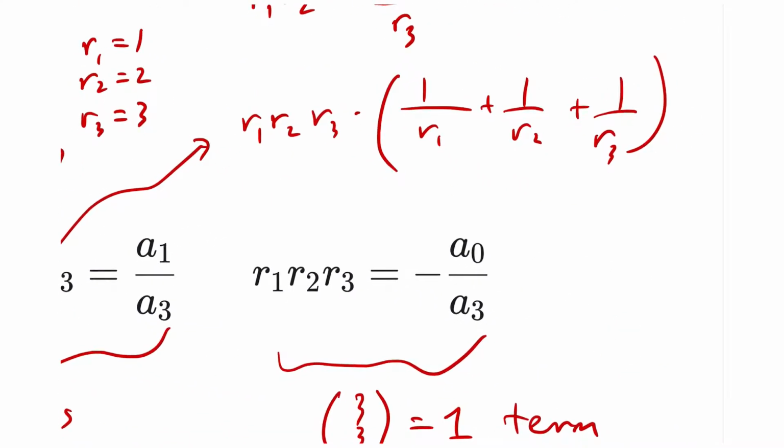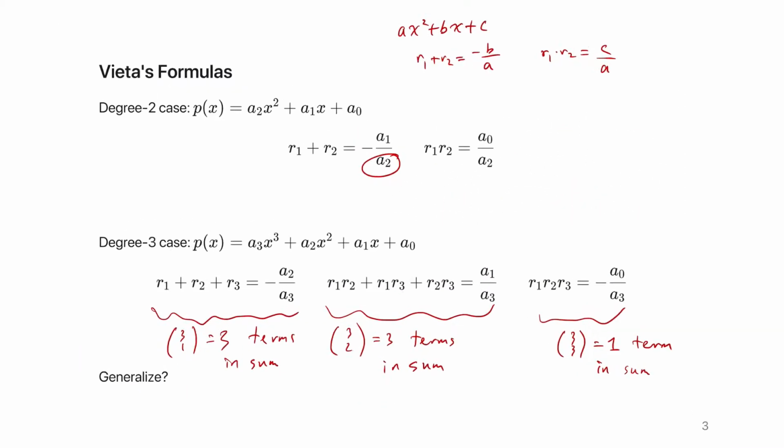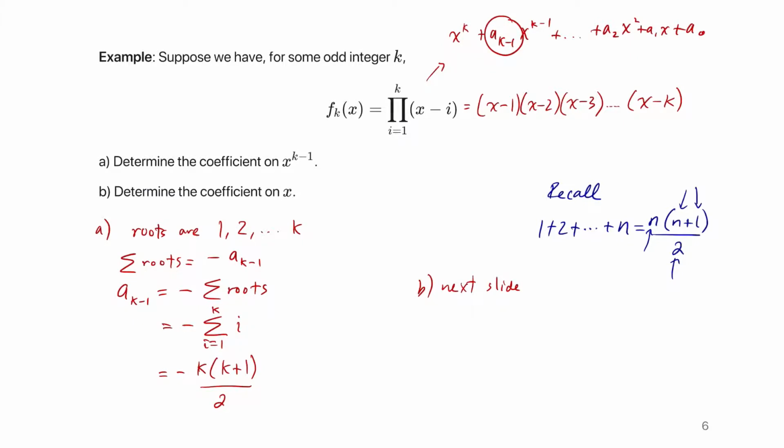And then I multiply that by the sum 1 over 1 plus 1 over 2 plus dot, dot, dot, all the way until 1 over k. So let's do that. Let's go over here.